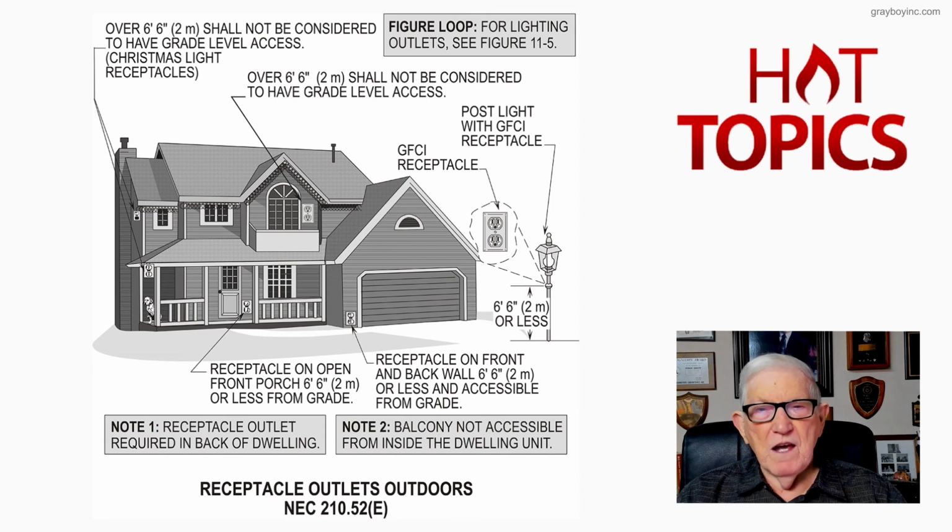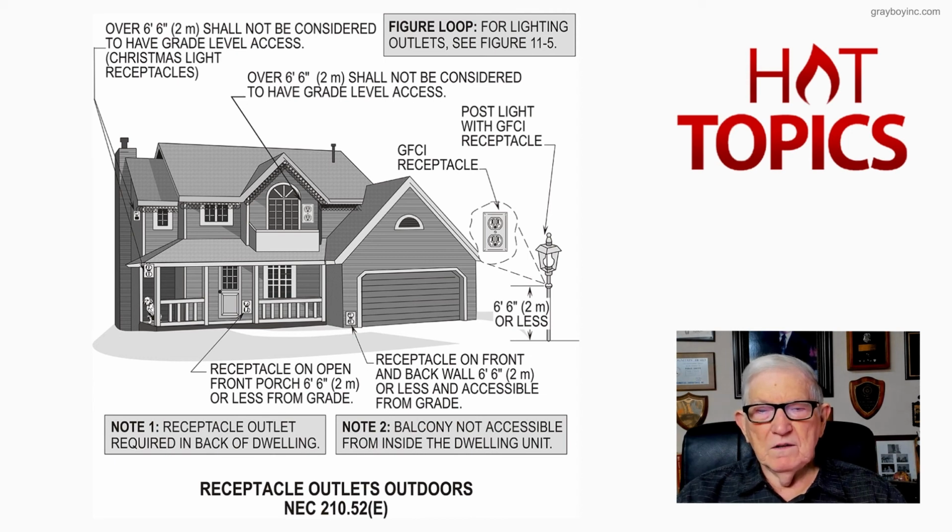So we know yes, but if it's not accessible up here, you really don't need a receptacle there, is basically what the code is saying. And then if you, for the, say, a lighting outlet in the garage, you would go over and look at your figure 11-5 for lighting outlets there.